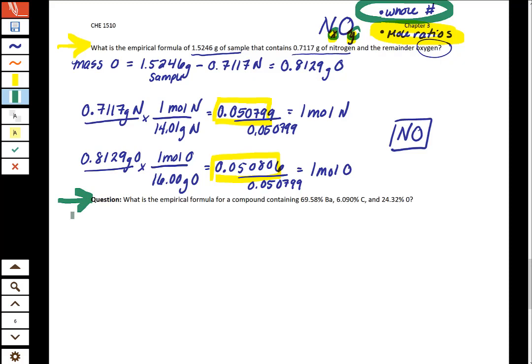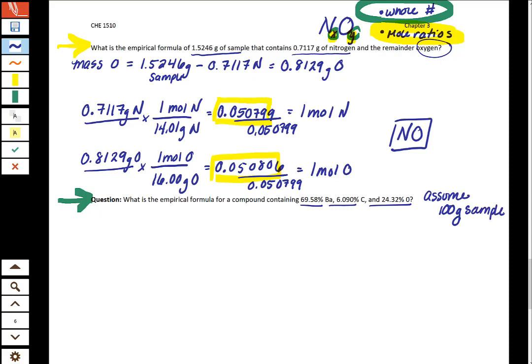In this problem here, what you're seeing is you're given the percentages. So you're given the mass percents. And we can use mass percents too. There's just one thing that you need to do first. You need to assume a 100-gram sample.